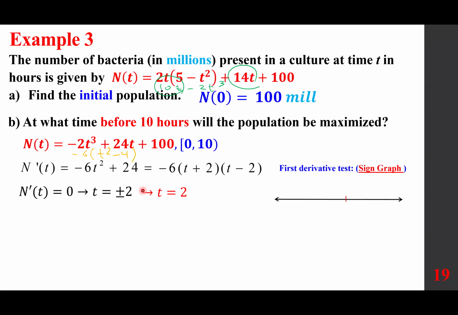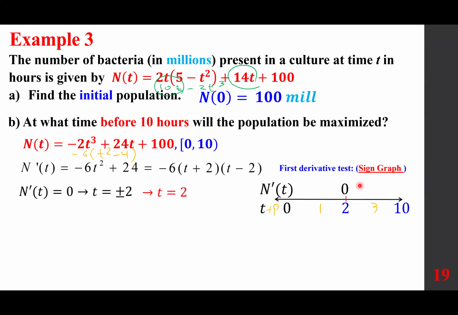The first derivative test requires the sign graph. So we have t that goes from 0 to 10, and we put the 2 here, and we have n prime of t. Now, the test points obviously are easy points. Test points over here would be 1, and over here you can even test the number 10. If you put 1 into n prime, if it's easier, just use this one. 1 makes this minus 6 and 24, positive 18.